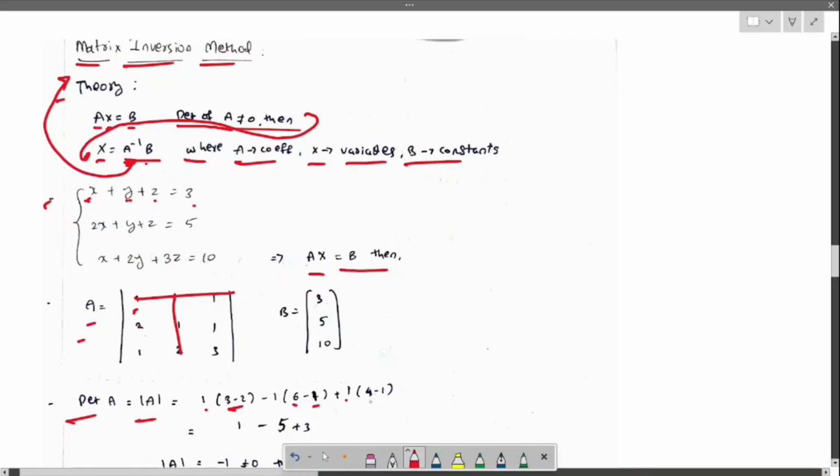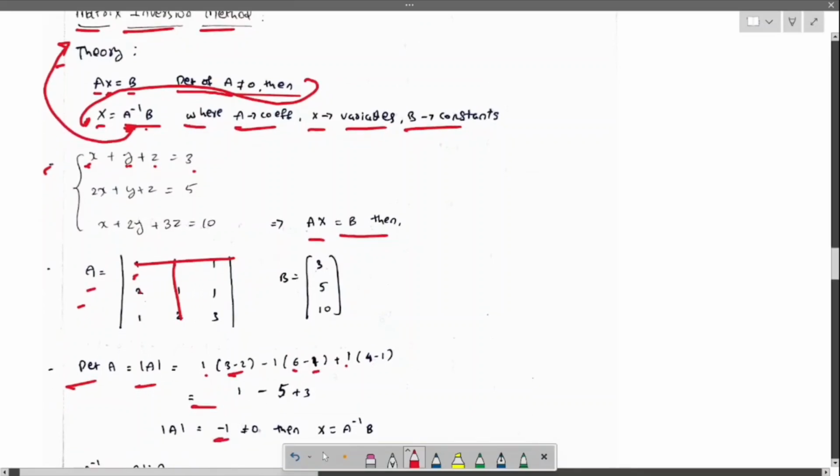Do so, and you will get the determinant of A equal to minus 1. So the determinant of A is not equal to 0. Then we go for the inversion: AX equals B, transfer A to the right-hand side, and we get X as A inverse into B.